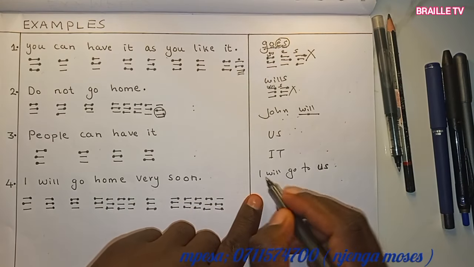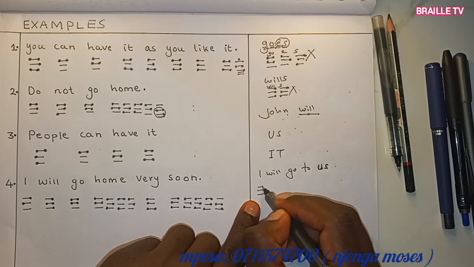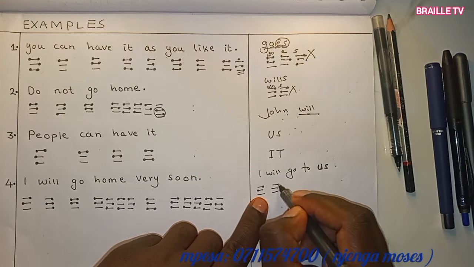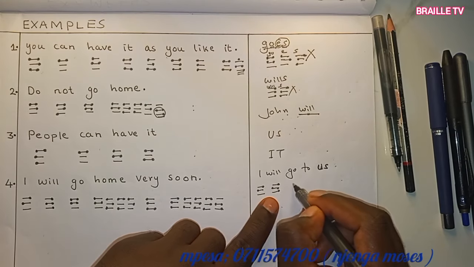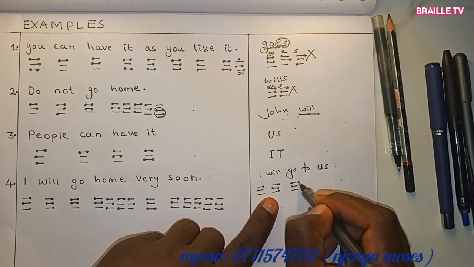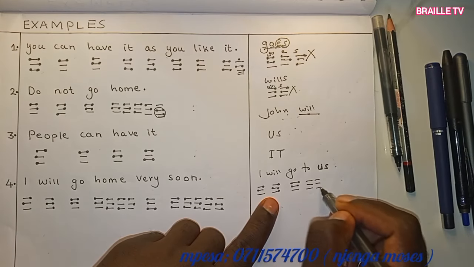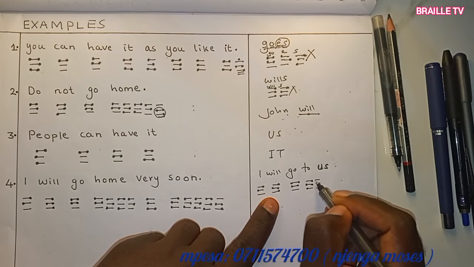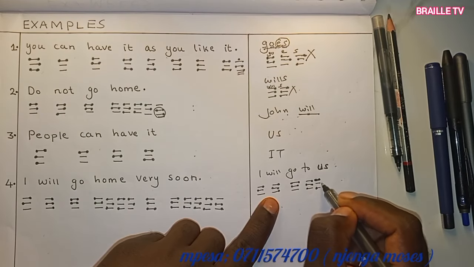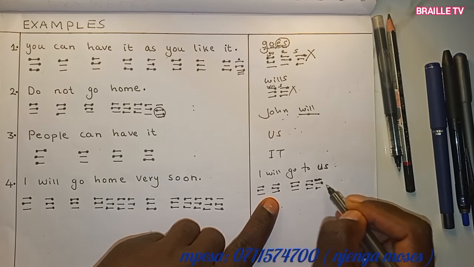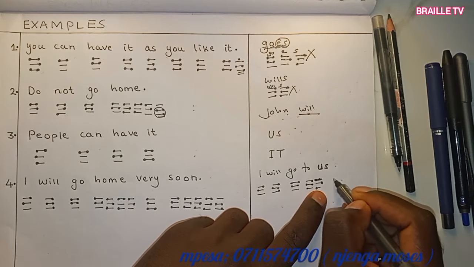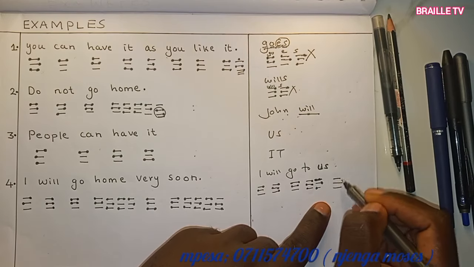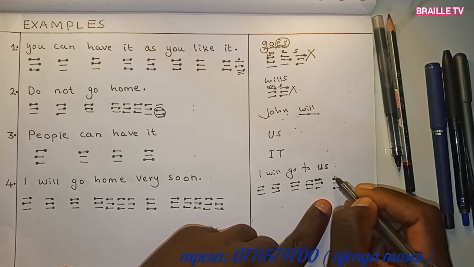So here, do not make a mistake of writing like this: I, will, go, to, and then you write US as this because we said U stands for us.